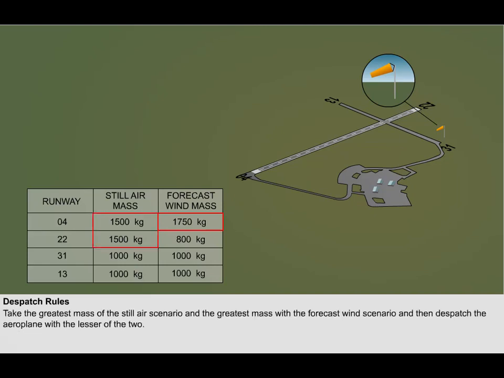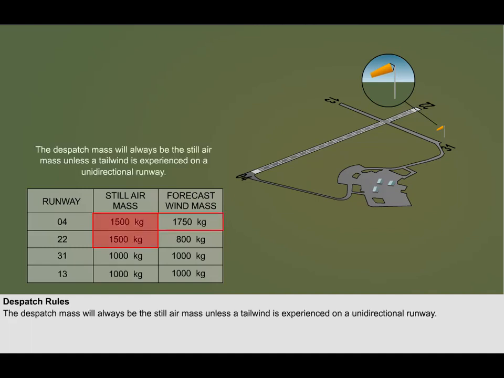The way to simplify the dispatch rule is always consider the greatest mass in still air and the greatest mass in the forecast wind conditions, and of the two, take the lesser mass as the dispatch mass. Of the two, it is the still air mass that is usually the lesser mass, as shown in our example.